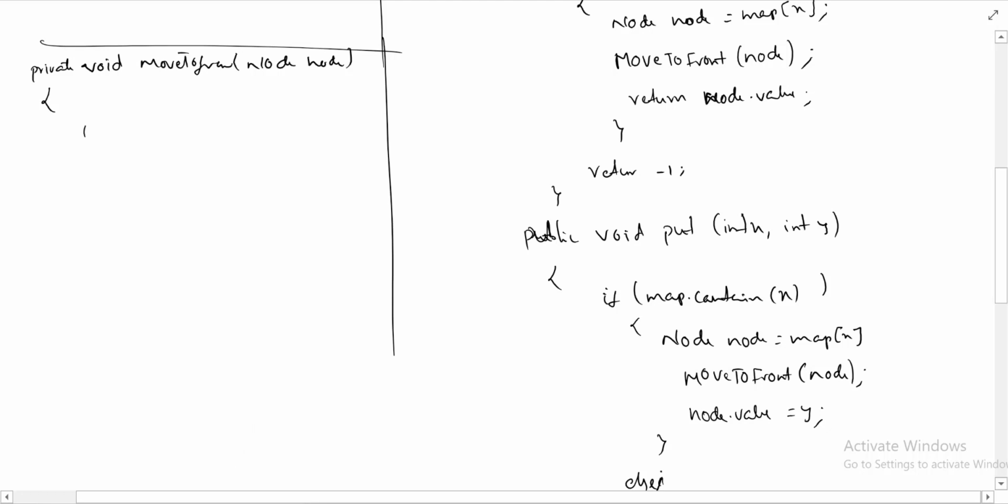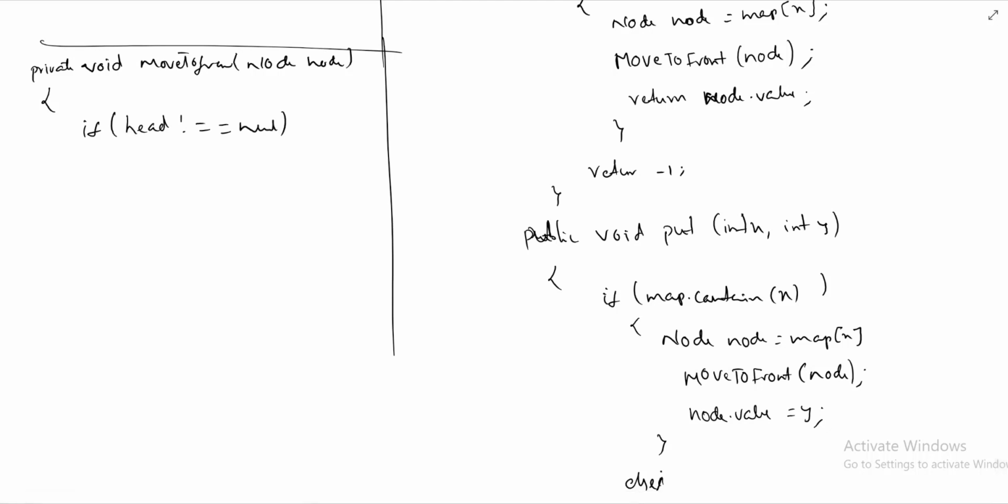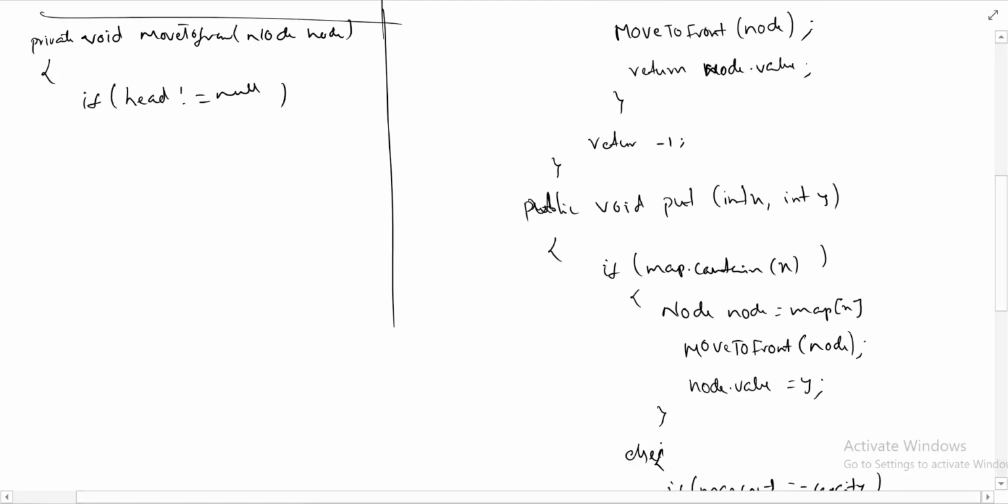So you do the whole process only when this is not a head. Again, put it in a temporary variable, node temp equal to head, and go till that part.